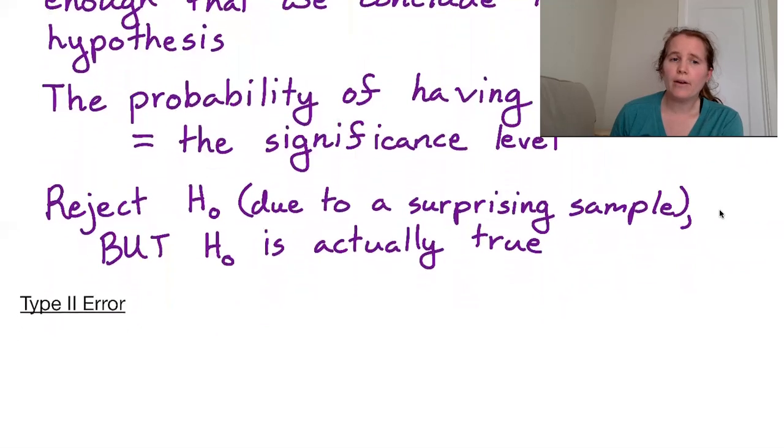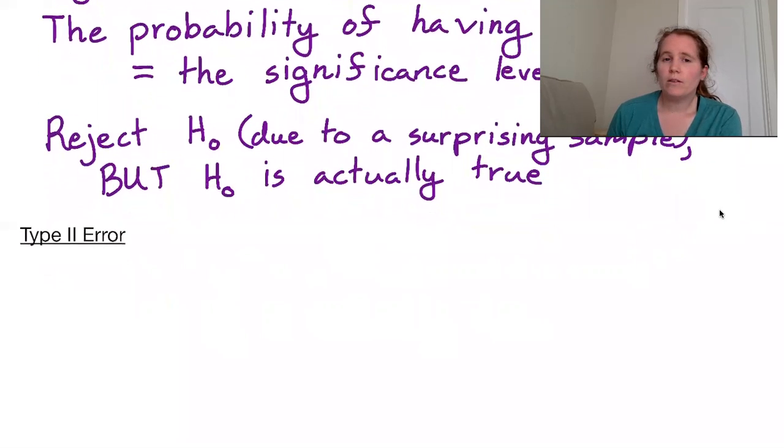Type 2 error is the opposite. So the null hypothesis is false, the alternative hypothesis is actually true, but our sample doesn't lead us to draw that conclusion.